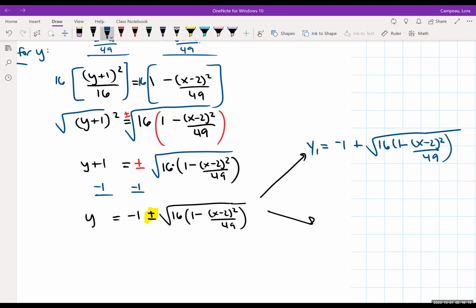You're going to see me have to refer back to this when I write this into the TI. And y2 will be −1 minus the square root of 16, same idea, same radicand, times 1 minus the quantity (x − 2)² over 49.